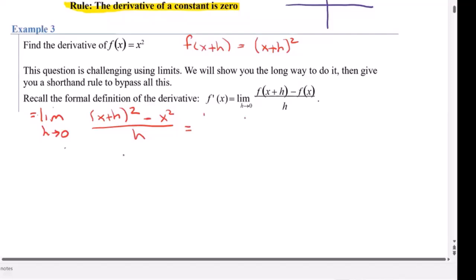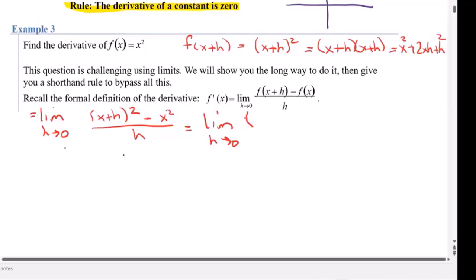This equals the limit as h approaches 0. Now, you always have to write that limit there. And then if we multiply x plus h times x plus h, we get x squared plus 2xh plus h squared.